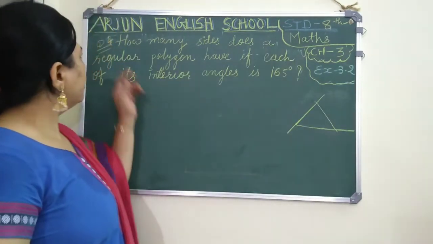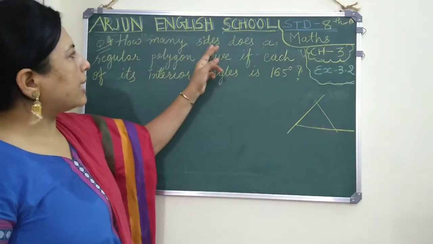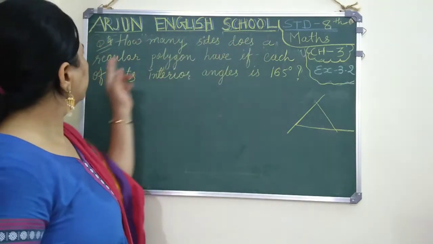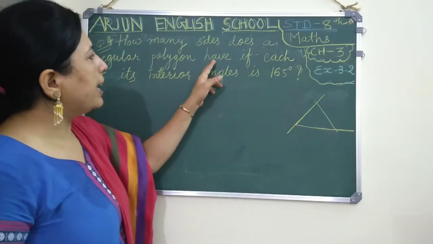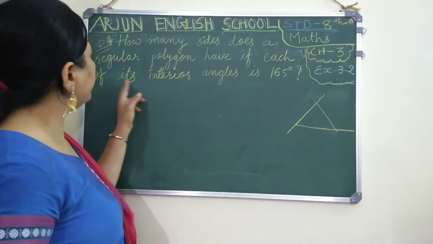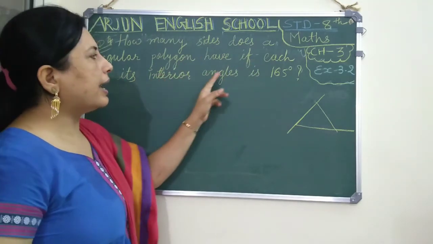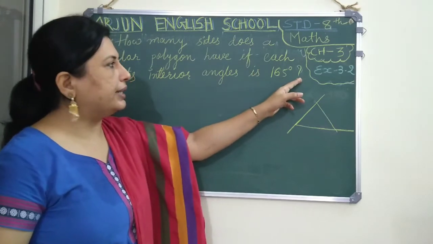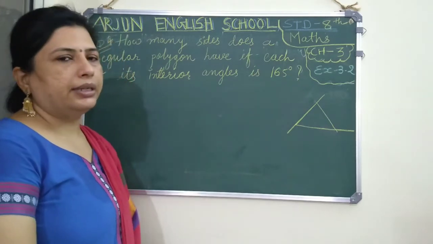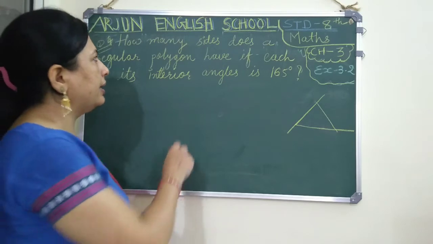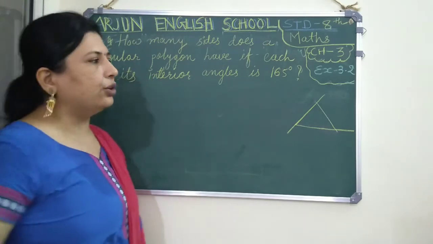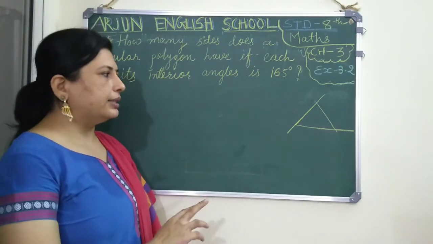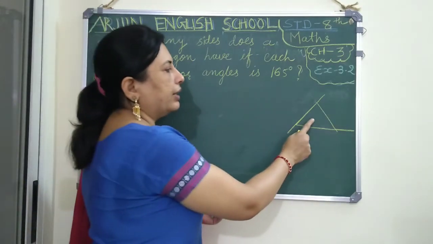Now, question number 4. How many sides does a regular polygon have if each of its interior angles is 165 degree? Here it is given that the interior angle is 165 degree and also that it is a regular polygon. For understanding, I have drawn one figure.